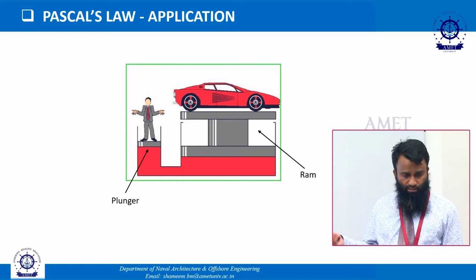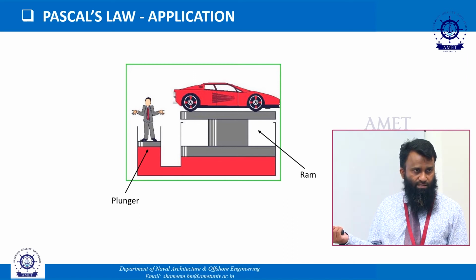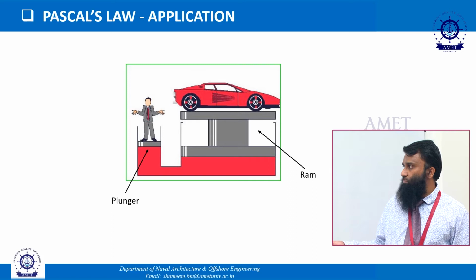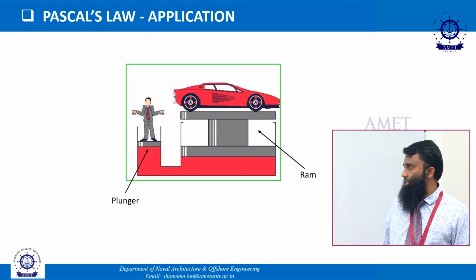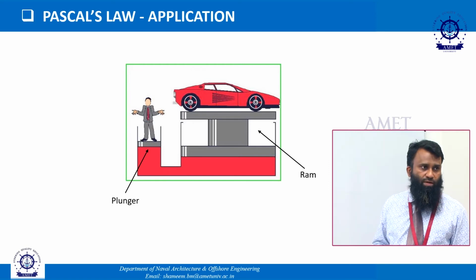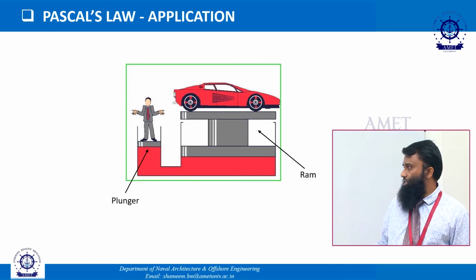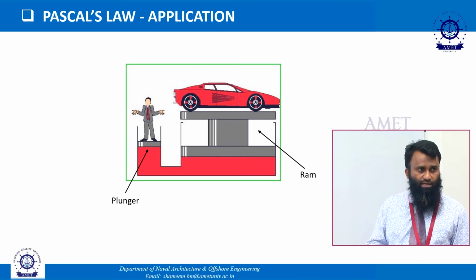This is a practical example for Pascal's law, correct? You have seen it in a car service center. You may have one plunger and one ram. By applying a small force on the plunger, you are able to lift a big weight. How does it happen? It is due to Pascal's law. The area where the pressure acts is more. We know that force is equal to pressure into area. Since the pressure is acting equally throughout, that is what Pascal's law says.